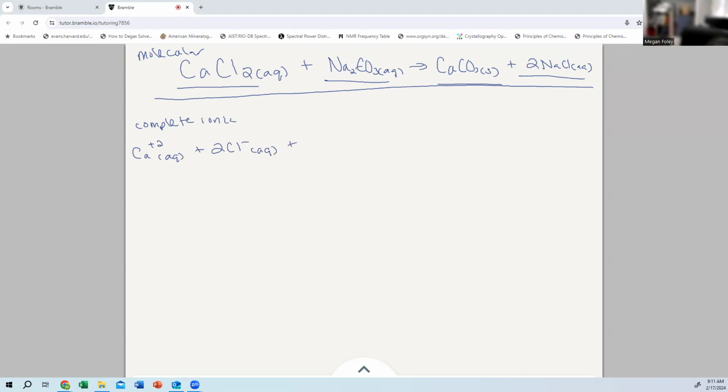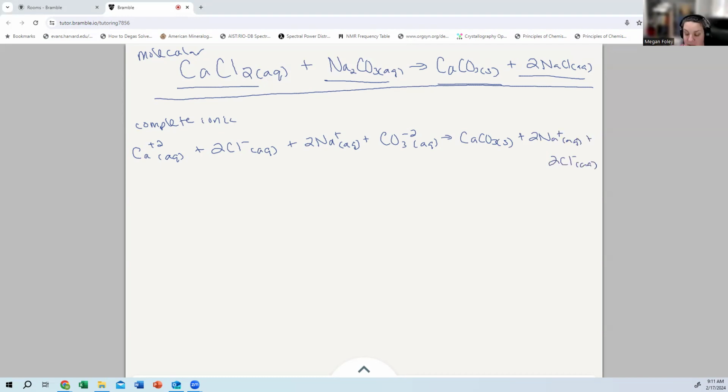And because of that 2 right there, 2 sodiums. So 2Na plus aqueous and CO3 2 minus aqueous goes to our solid, CaCO3. It is a solid, so it's not dissolved, meaning it's not broken down into ions like strong electrolytes will do. And then we'll have 2Na plus aqueous and 2Cl minus aqueous.